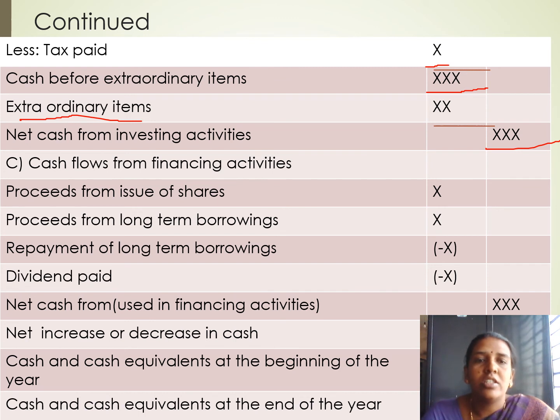Then next, third heading is cash flow from financing activities. Here we have to record proceeds from issue of shares, that is by issuing shares the cash will flow into the business organization. So we have to record this one with a positive symbol. Then next one is the proceeds from long-term borrowings. By borrowings, the cash will flow into the business organization. So we have to record that one with a positive symbol.